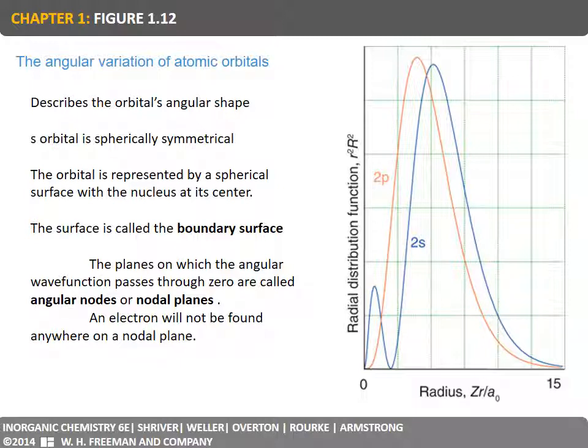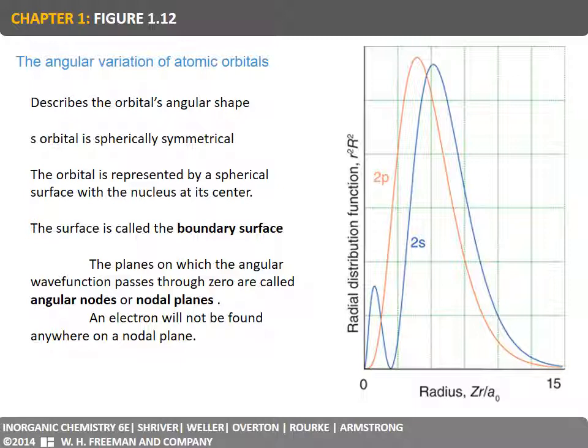The planes in which the angular wave function actually passes through zero are called angular nodes or nodal planes, as we have already discussed. An electron will not be found there.